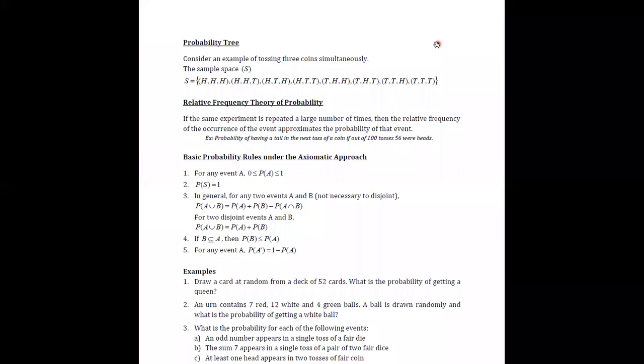Now we will discuss another concept used in probability, which is named the probability tree. Actually, this probability tree is one method we use in probability for the easiness of calculations.